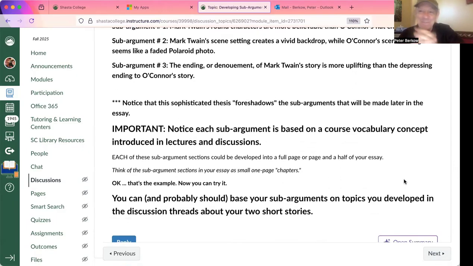And here's something for you to think about. You've got this first essay coming up, and guess what? In a way, you've already started drafting that first essay by working on the generating exercises in this class. If you've been generating ideas about the denouement, you can literally copy and paste parts of that exercise into your essay.